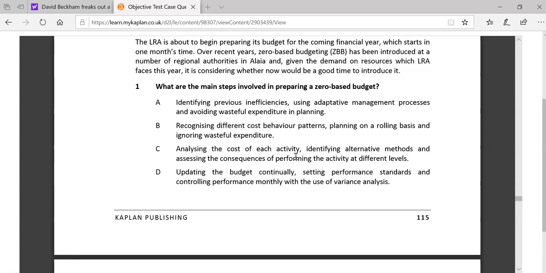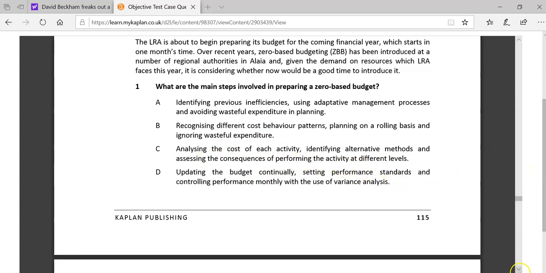That way you have to prove why you want an activity to run, as opposed to just accepting that it's an activity and then identifying inefficiencies and looking for better ways to do it, and building the budget from there. This one is updating the budget continually, so again it's just making sure we have good incremental budgeting processes. So the answer here is C.